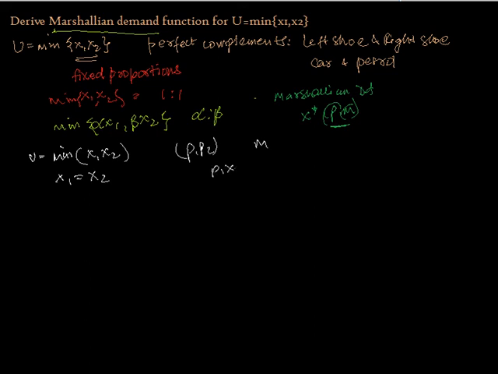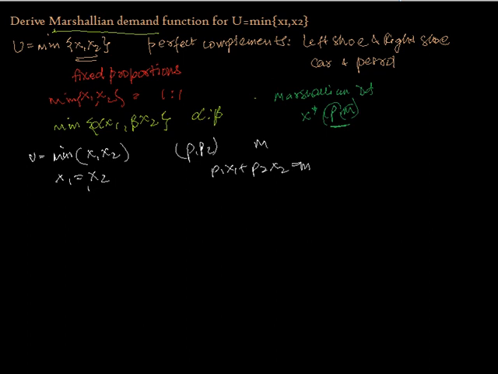That is p1 x1 plus p2 x2 equals m. Now p1 x1 plus p2 x2 is the total expenditure, m is the income of the consumer. We're assuming that the entire income is spent and the consumer is consuming on his budget line, not within the budget line. The other thing is that x1 is equal to x2.